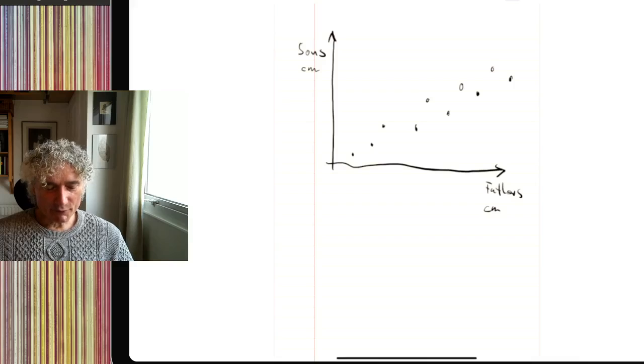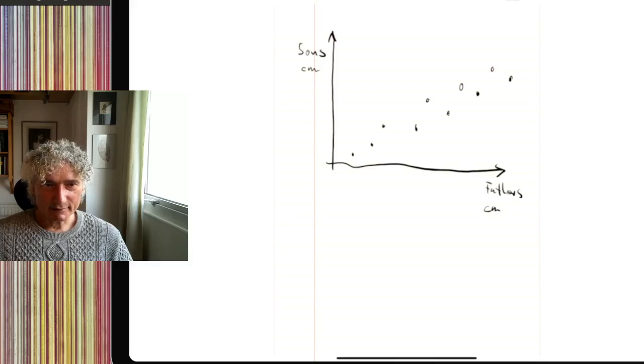So how I formulated this, taller fathers have taller sons, this is a linear thinking.